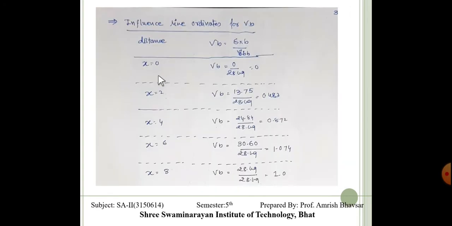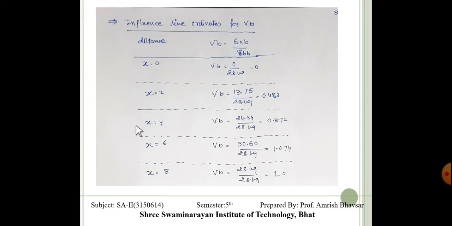Now the influence line ordinates for VB we can find as delta XB upon delta BB. When X is equal to 0, delta is equal to 0. At X is equal to 2, delta at 2 is 13.75, and delta BB is 28.59, so we get 0.483.